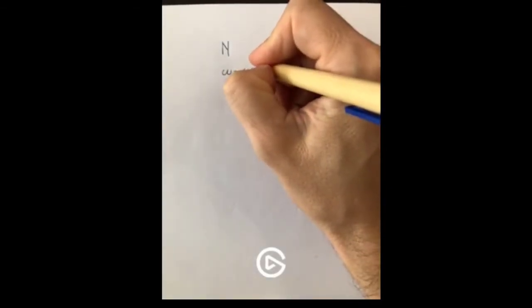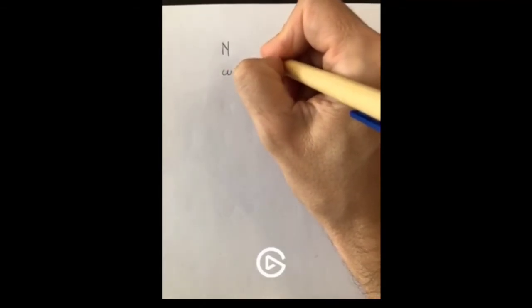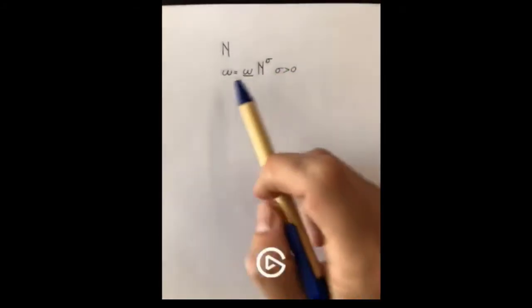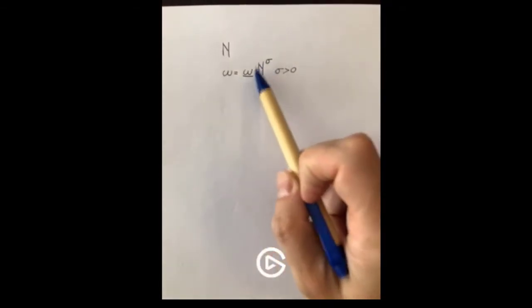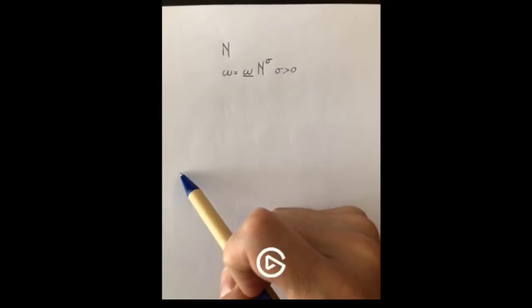W is equal to W lower bar times n with exponent lambda, where lambda is a positive number. So this is a function that tells you essentially that the more people are in the city, the greater is the wage that you're getting in the city.